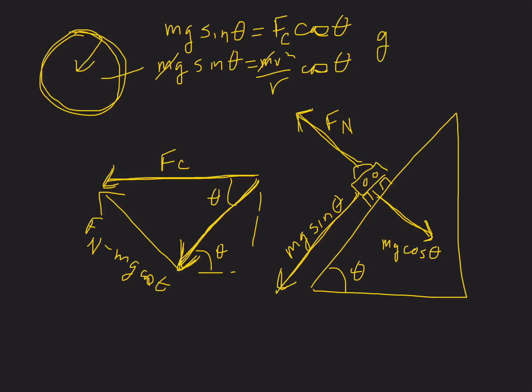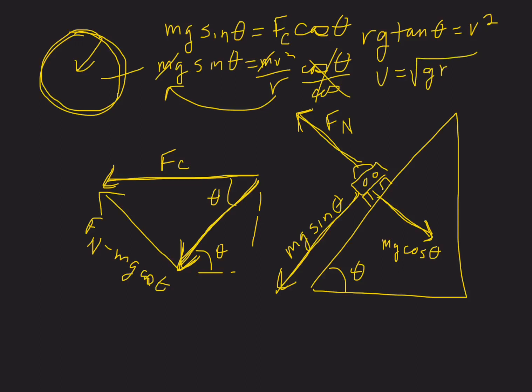You'd get g sine over cosine is tangent theta. I can multiply the r over here also, and that would leave me with v squared, because if I divide this side over here by cosine, it's going to cancel, right? Multiply the r over here. So I get v equals the square root of g r tangent of theta.